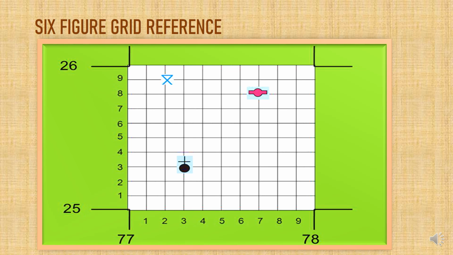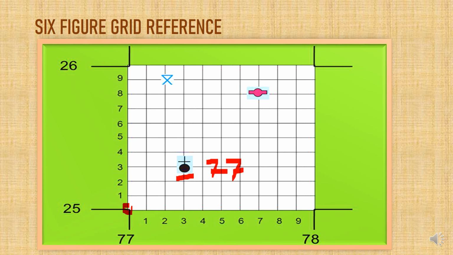This is a 1000 by 1000 box, which has already been demarcated for you into smaller pieces, into 10 equal pieces. So let's start with this one. The four figure for it, our Easting remains 77 here. So let's put our 77 here.